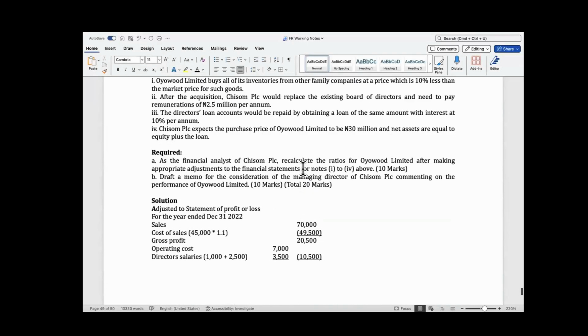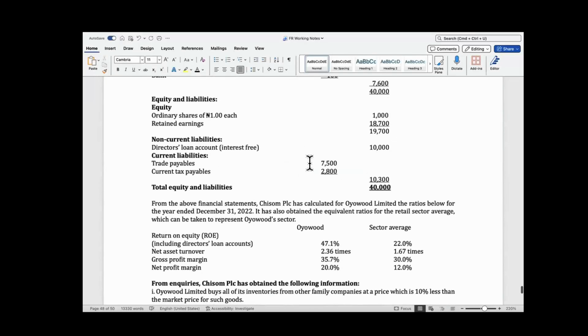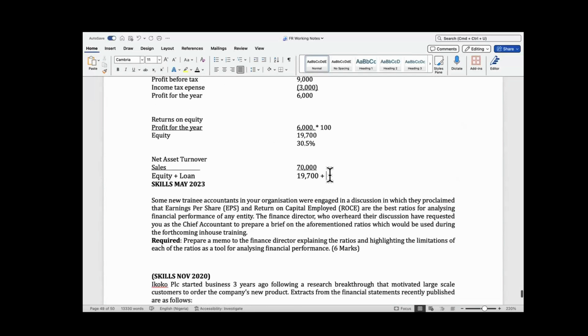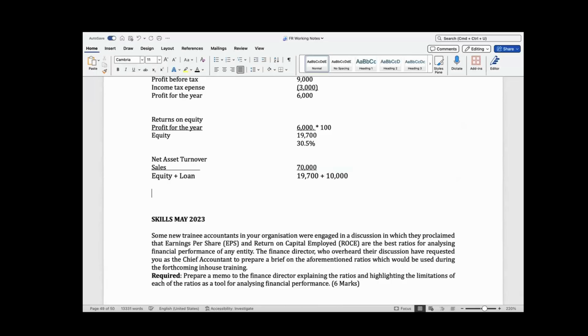Loan, 10,000. So how many times? That's not correct.